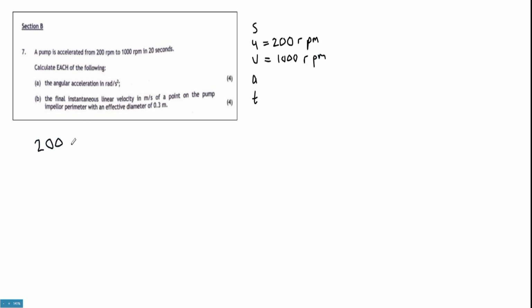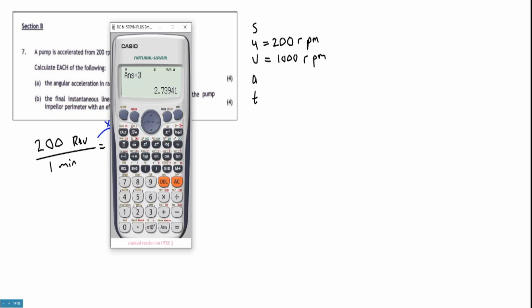Let's get 200 revs in 1 minute. Now, I know there's 60 seconds in a minute, so that's quite easy. We can just convert that into 60 seconds. How do I turn revolutions into radians? Well, in a full revolution, there are 2 pi radians. So we're going to multiply this by 2 pi, because that will create radians. All right, so we're just going to multiply it together.